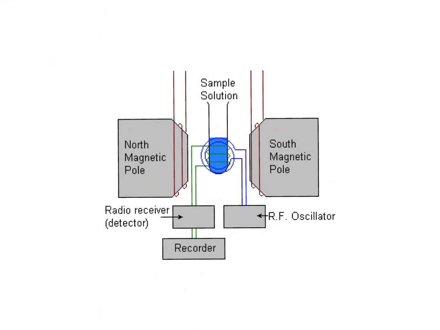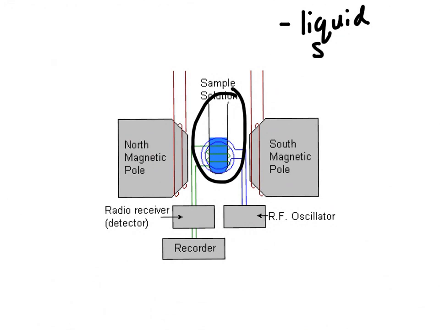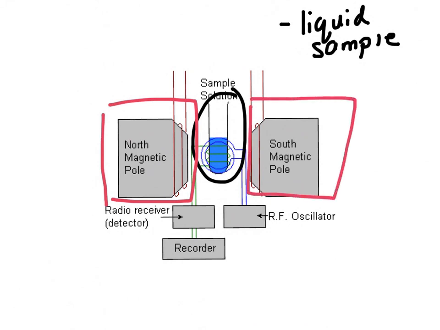So if we were to just summarize everything that we just discussed and look at what happens in the actual NMR instrument, here's your solution. So you have a liquid sample. So if you started out with a solid, you dissolved it in some solvent. Here you have your magnets. They're going to generate a magnetic field. When you generate the magnetic field, you get the alpha and the beta states.